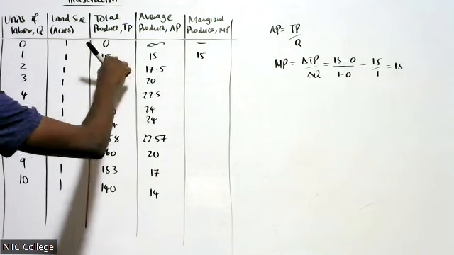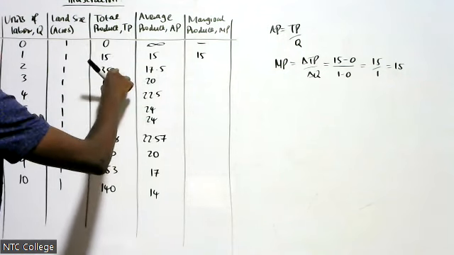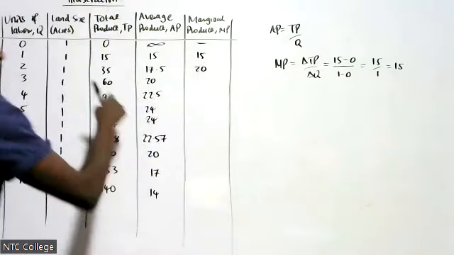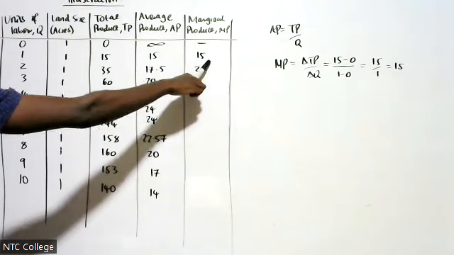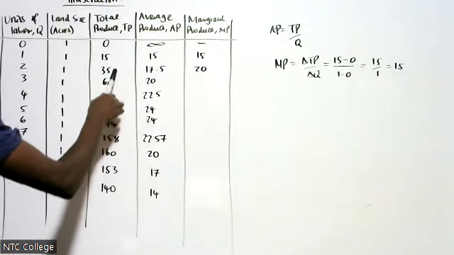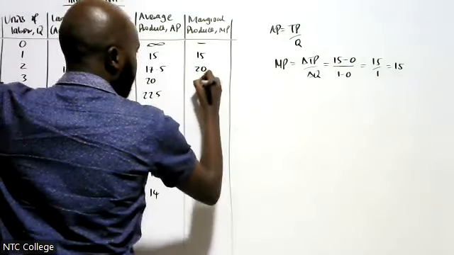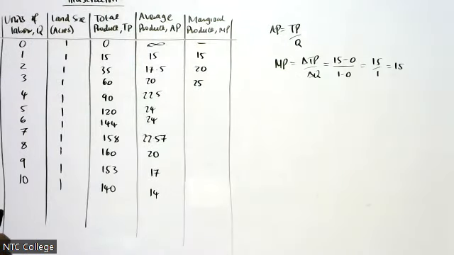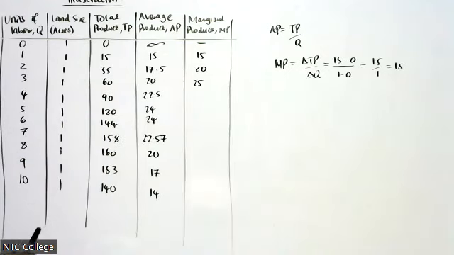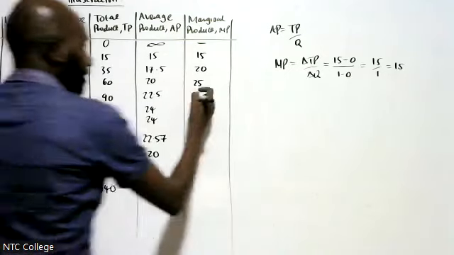From 15 to 35, what is the change? 35 minus 15, 20. For the first one, 15 minus 0, 15. For the second one, 35 minus 15, 20. 60 minus 35, 25. 90 minus 60, 30.